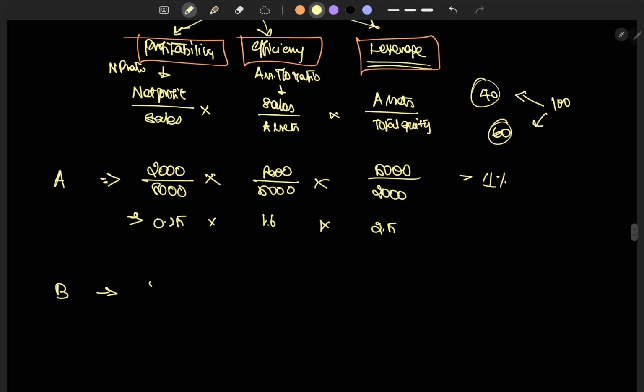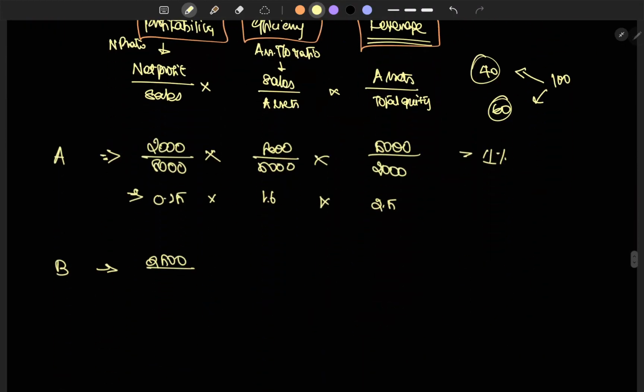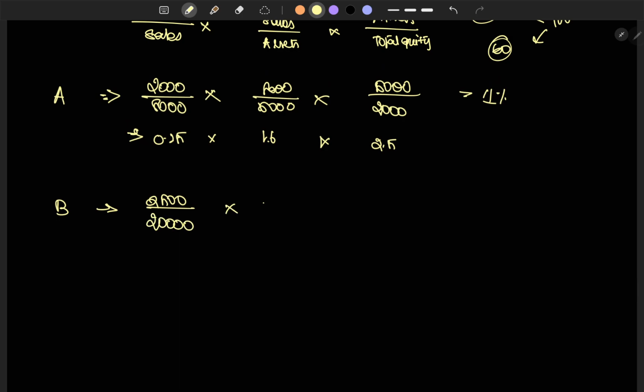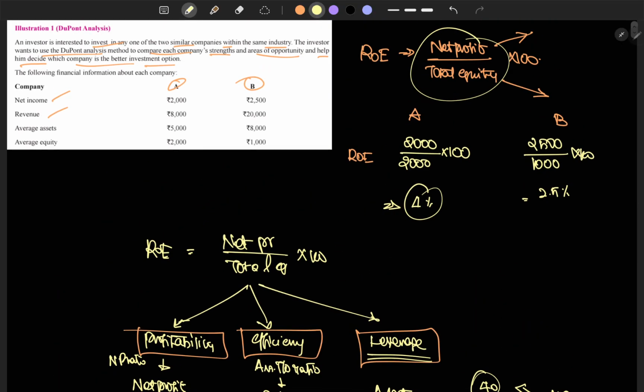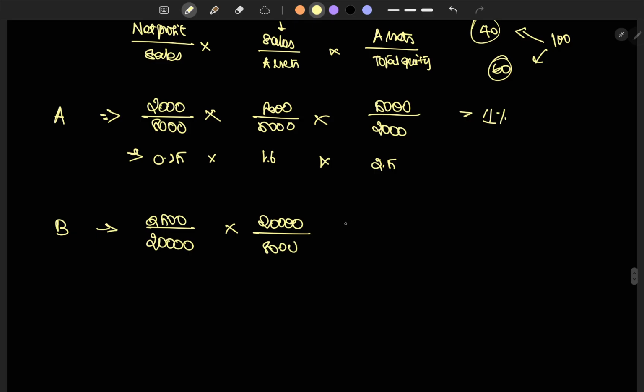Let's find it out for company B. Net profit is 2500, sales is 20,000, and average assets is 8,000. 2500 divided by 20,000 is 0.125, so the company earns only a 12.5% profit margin. 20,000 divided by 8,000 is 2.5. 8,000 divided by 1,000 is 8, so the company has more leverage.